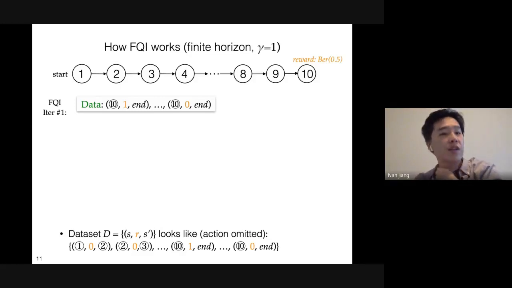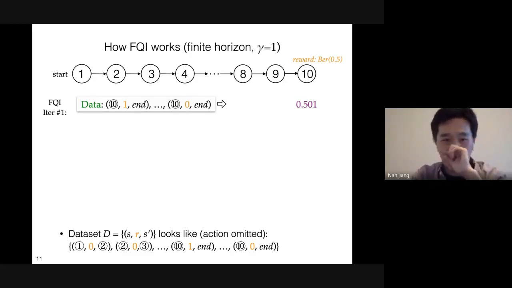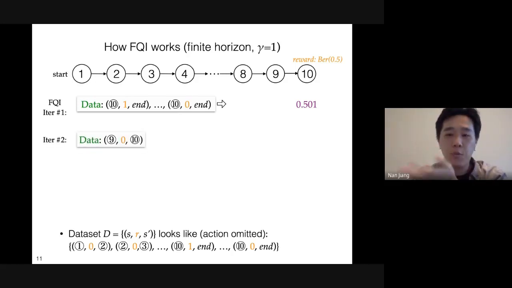Now, if you think about how fitted iteration, or in general, most of the approximate dynamic programming algorithms work in this problem, it's pretty straightforward, right? So at the end, you just average the reward you get, and you obtain some number, which should be close to the true expected reward 0.5. And you just use that as your learned value for state number 10. And for the previous states, what you do is that you do bootstrapping, right?